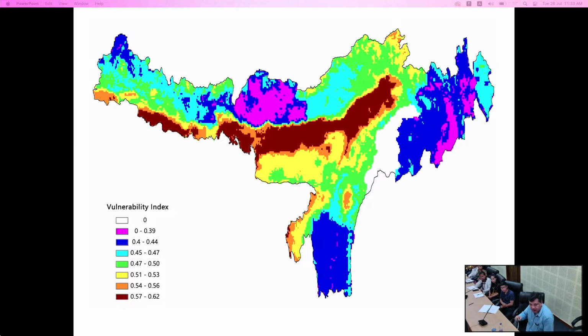And what are these brown color areas you see? See the Assam part? What is this area? You just saw it in the previous map, na?